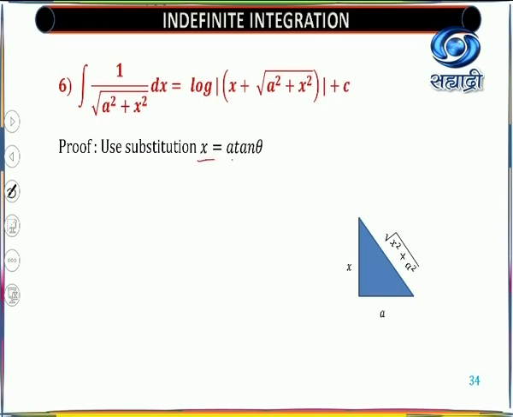You take this substitution because a square plus a square tan square theta gives the identity tan square theta plus 1, or cot square theta plus 1. By that you will get this identity, and the root sign will be cancelled by taking the proper trigonometric identity.